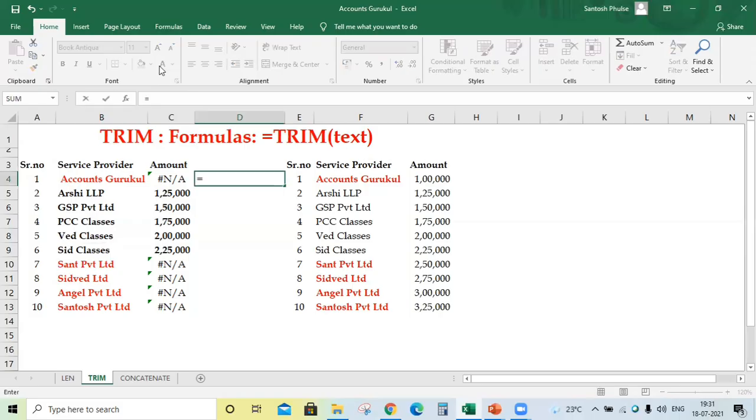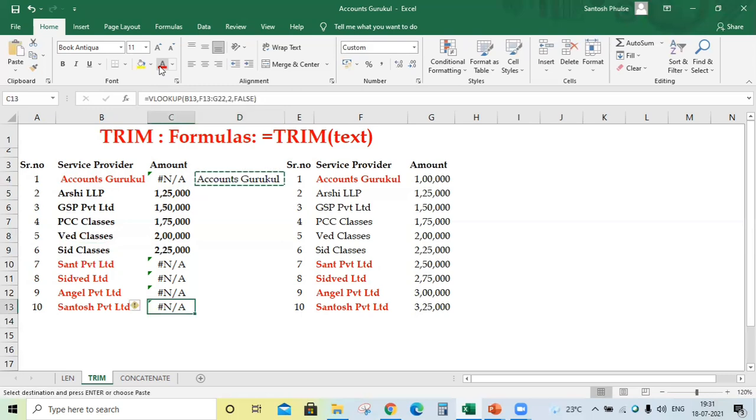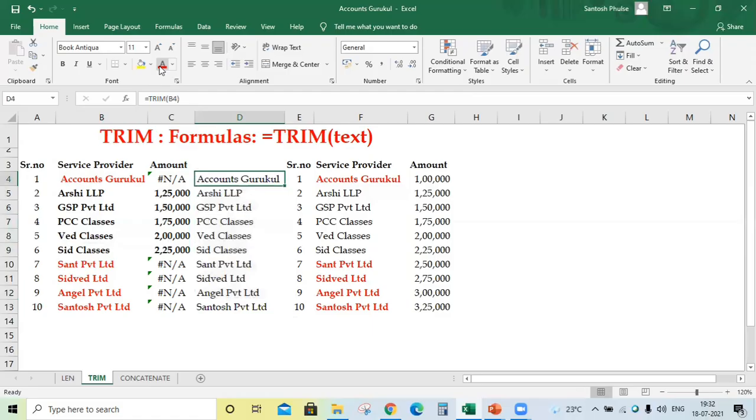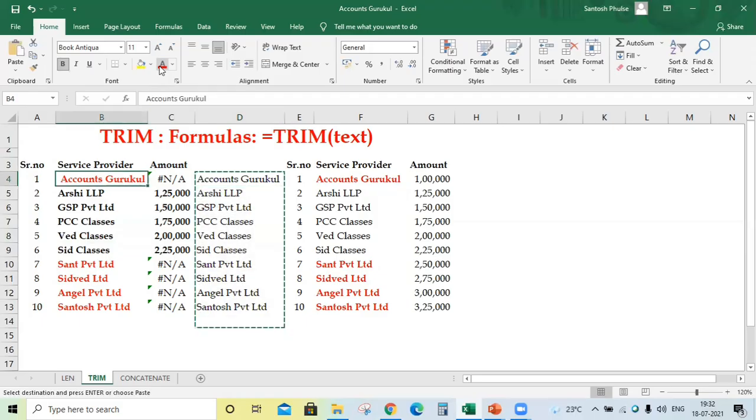So how do we do that? It's TRIM, bracket, and you have to use this formula, and similarly apply it for all of them, even though it's not applicable for some of these.